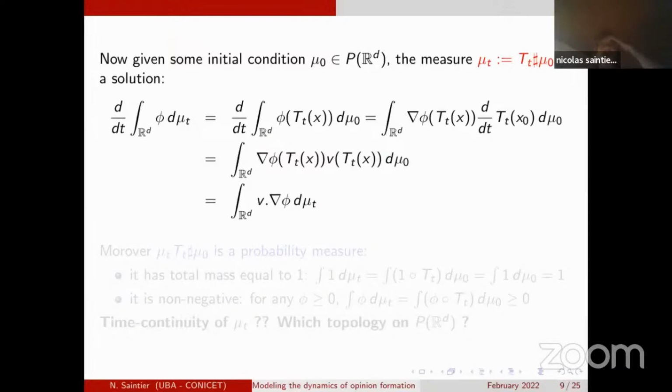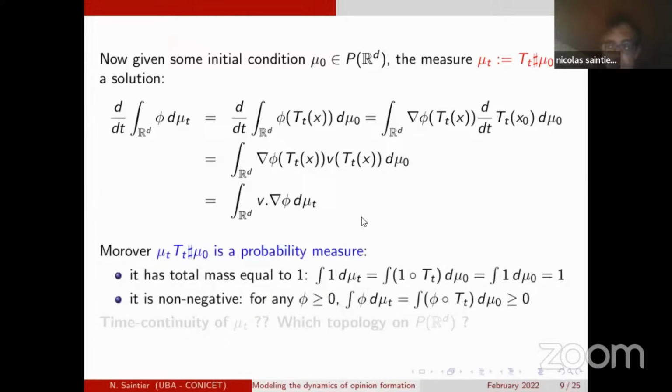Maybe we should check two minor things just to be sure, because we started with a probability distribution. So it would be nice to have at any time a probability distribution, and not just an arbitrary measure. I would very much like mu t to have total mass equal to 1 and to be non-negative.